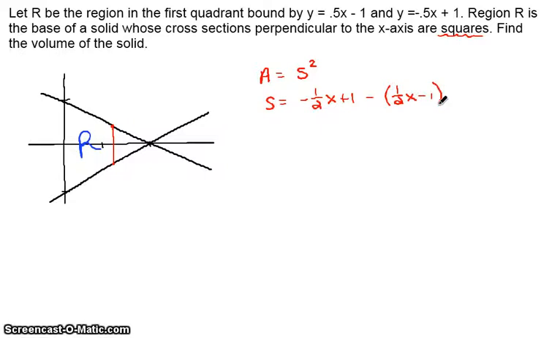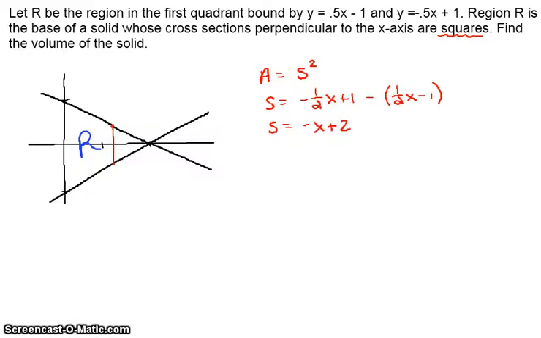You can simplify that if you want. So s is going to be negative 1/2 minus 1/2, which is negative x, and 1 minus negative 1, so plus 2. Negative x plus 2 is going to be our side.